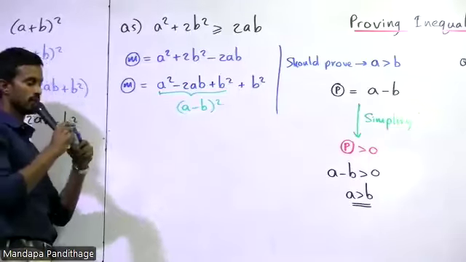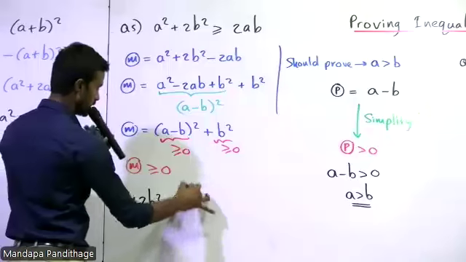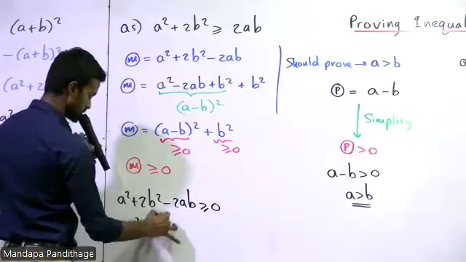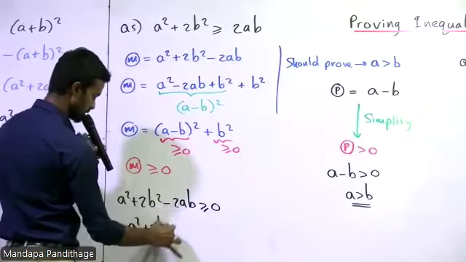So when it is a square, you don't have to worry about it. So m is greater or equal to 0. So what is m? A squared plus 2b squared minus 2ab. Clear? So a squared plus 2b squared is greater or equal to 2ab. So like always think, this would have been familiar if I got this.